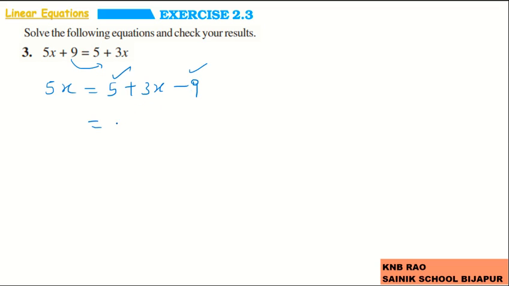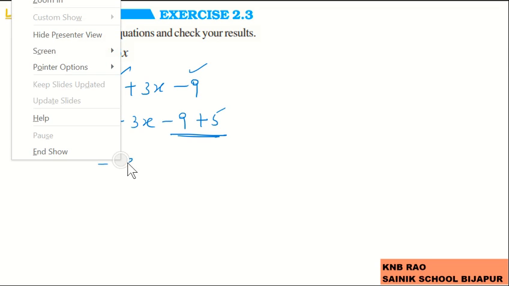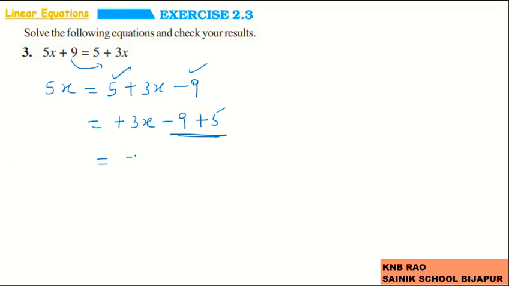So, plus 3x I am writing first, and minus 9 plus 5 will be simplified. So, 3x minus 4 is on the right hand side and 5x I have on the left hand side.